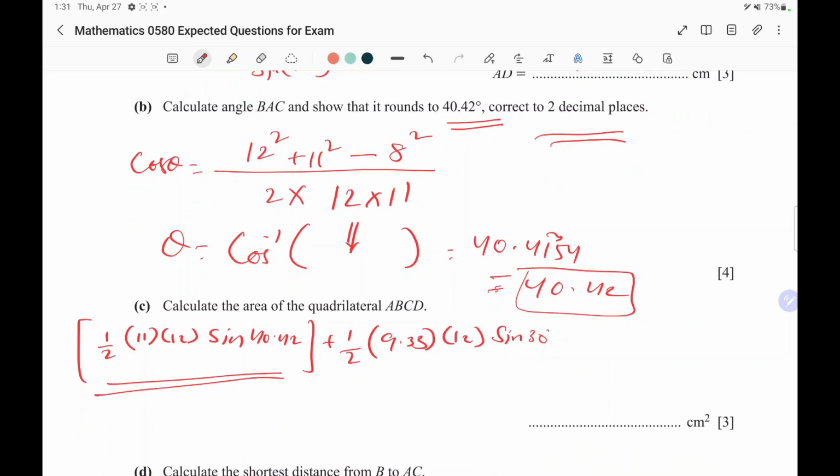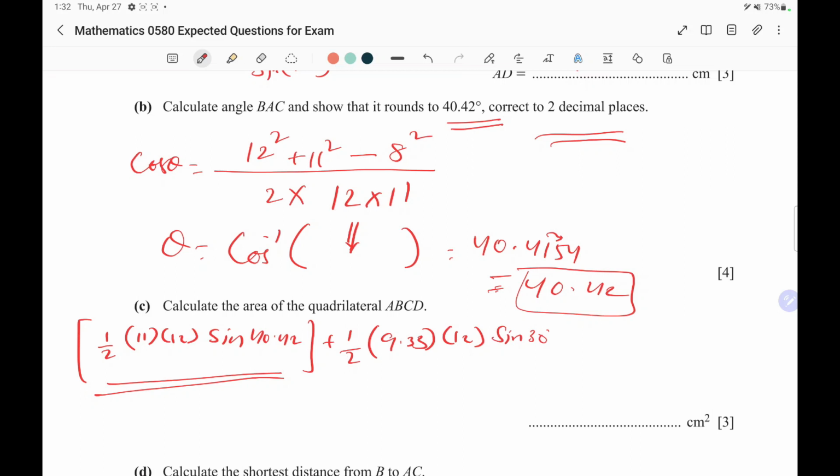Now use calculator over here. That is 11 times 12 times sine of 40.42 over 2 plus 9.33 times 12 times sine of 30, and then divide by 2.